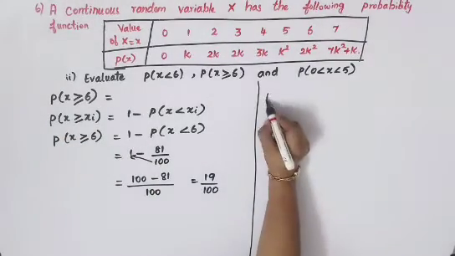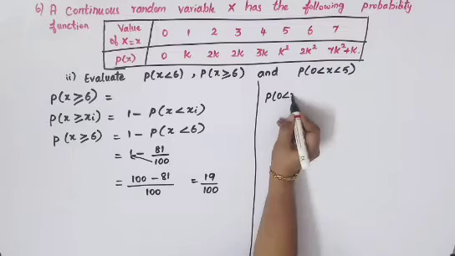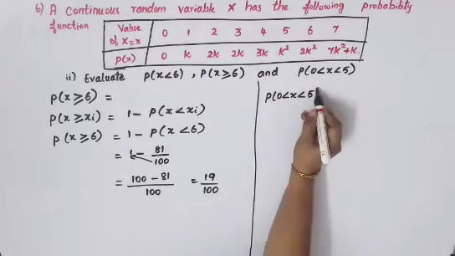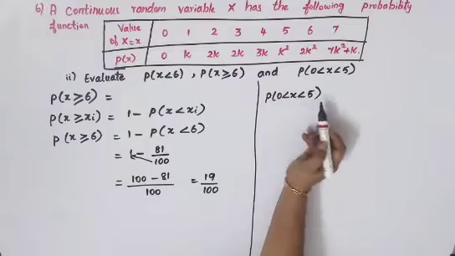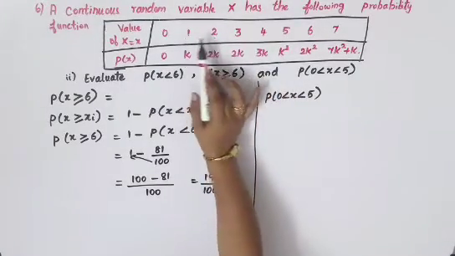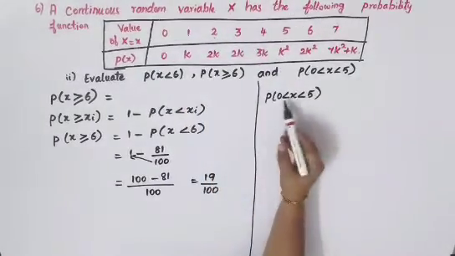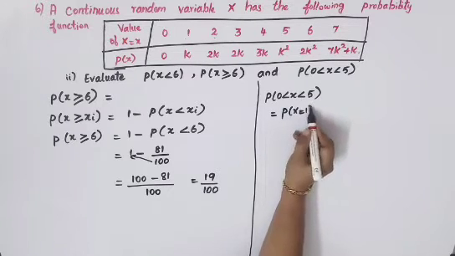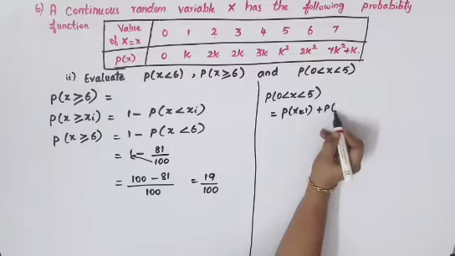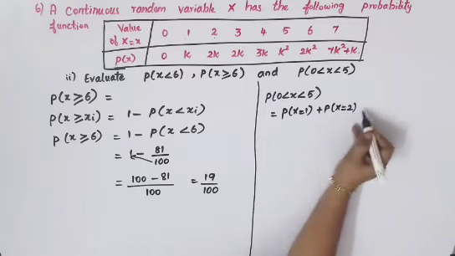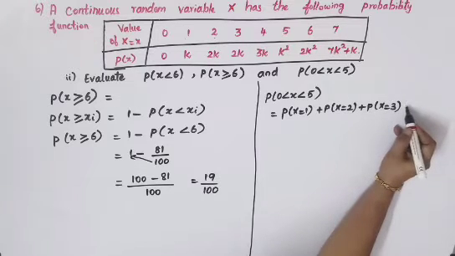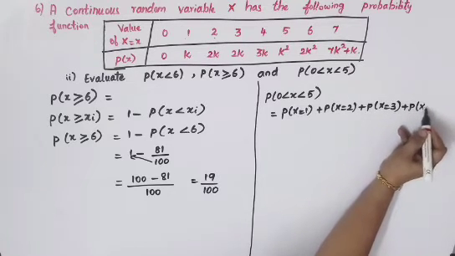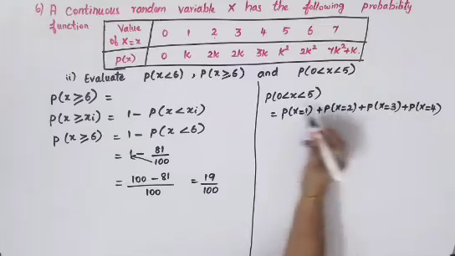Next part is P(0 < X < 5), you will have to find it. So 0 is not included and 5 is not included. So 1, 2, 3, 4 values will be there. So this is equal to P(X=1) + P(X=2) + P(X=3) + P(X=4), because 0 and 5 are not included.